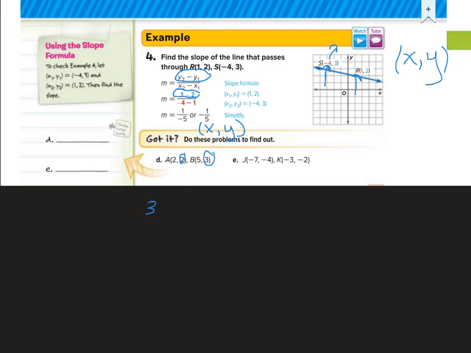So I'm going to do 3 minus 2. Then I have to do 5 minus 2 to keep them in the same order. So that's going to be my slope. m is equal to 3 minus 2 over 5 minus 2. 3 minus 2 is 1. 5 minus 2 is 3. So my slope for D would be 1/3.